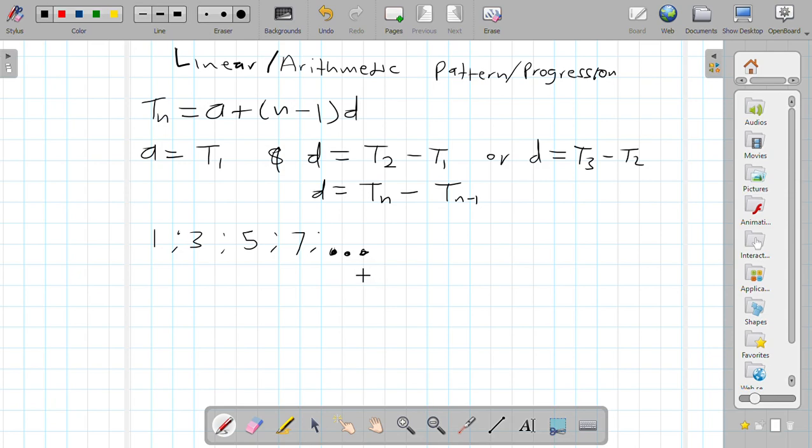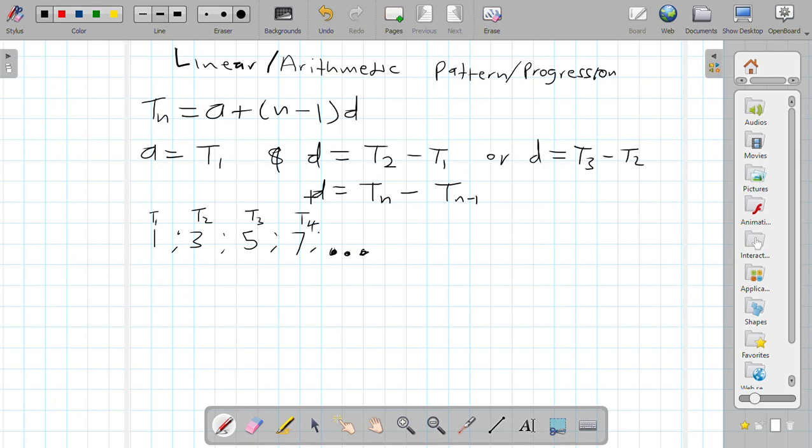One thing you can do to test what type of pattern this is, is to start by applying this difference formula. By the way, this is term number 1 or T1, this is term number 2, term number 3, term 4.